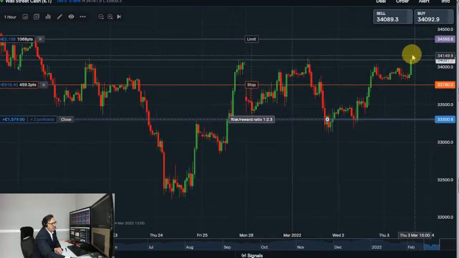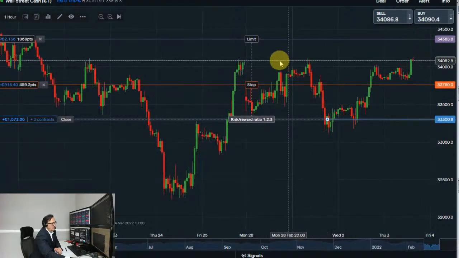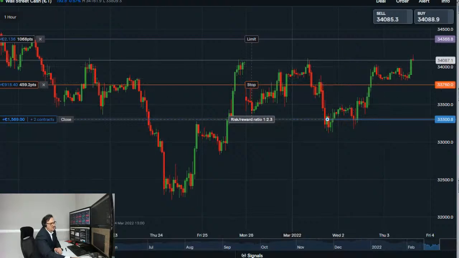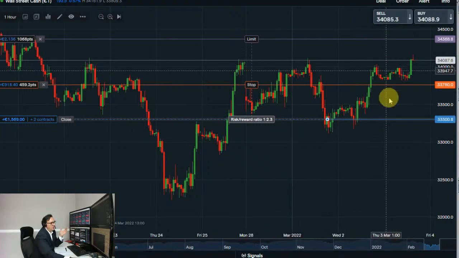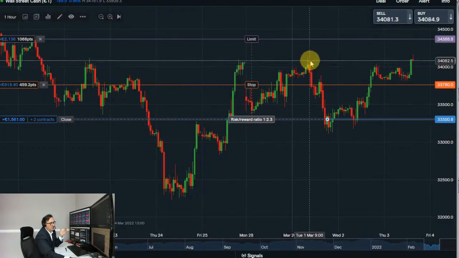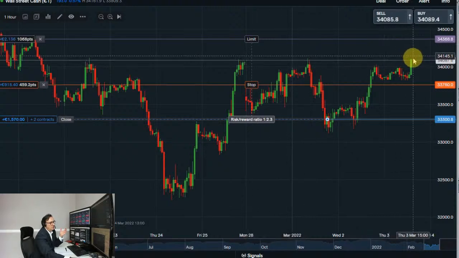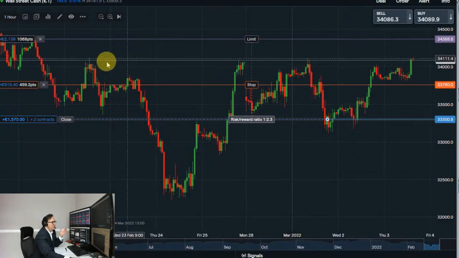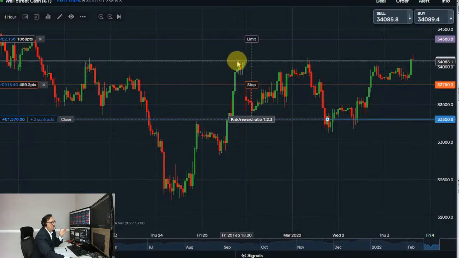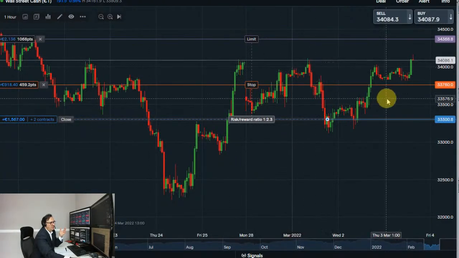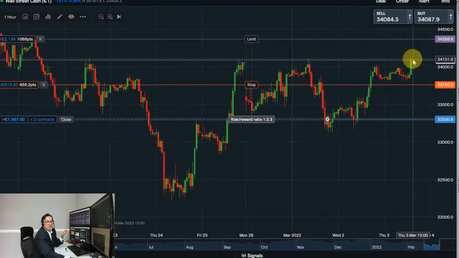So loads of other people are considering the same or similar levels, and you should always ask yourself, what would the opposing side do? And if somebody was long, this is likely where they would like to take profit. If somebody is looking for a bearish setup, they're looking for a short-term rejection here. Why? Because it happened here, and it happened here, and it happened here. There is a possibility that it might happen here again.